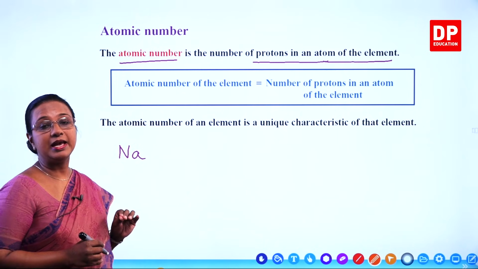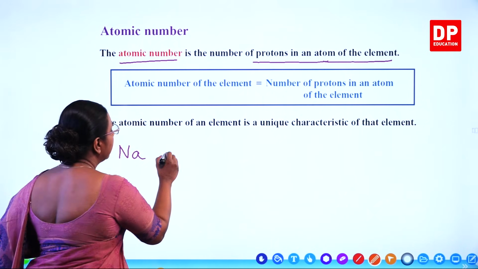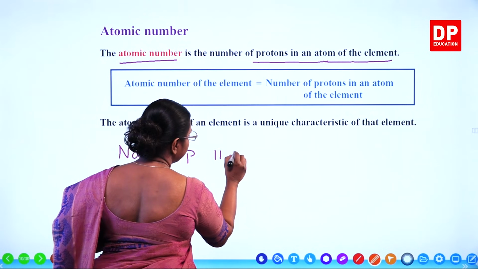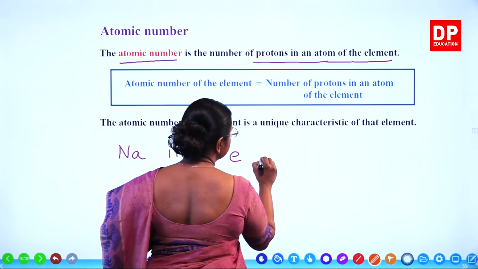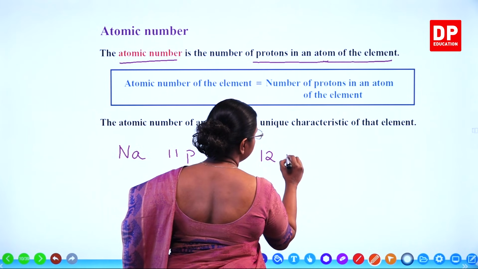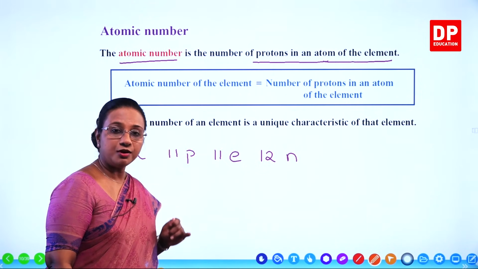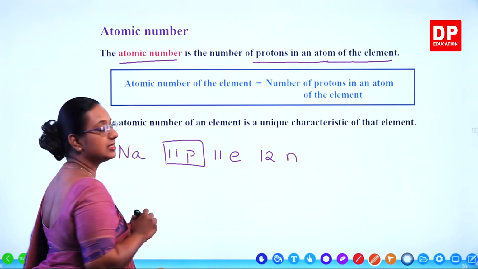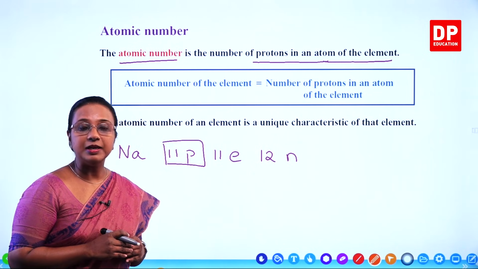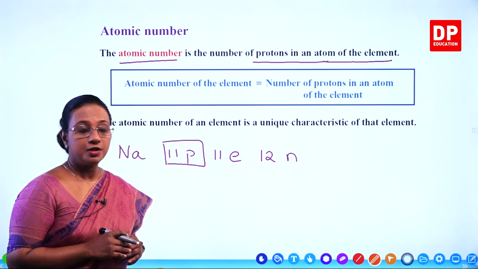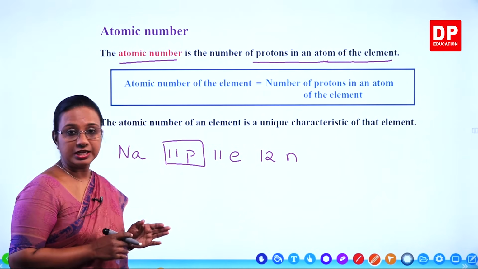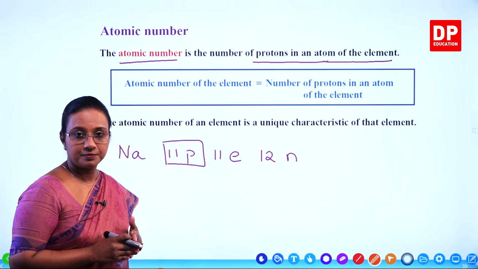If we look at some examples, first we will see sodium. Now the sodium element has 11 protons, 11 electrons and 12 neutrons. Out of this, the number of protons is taken as the atomic number. So the atomic number of sodium is 11.